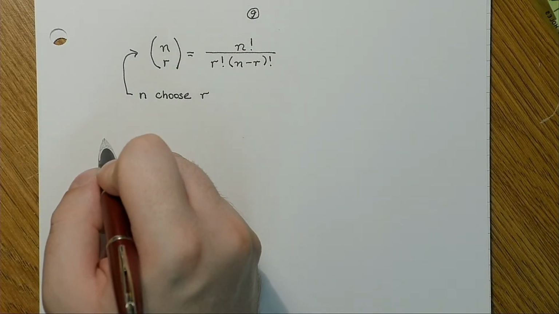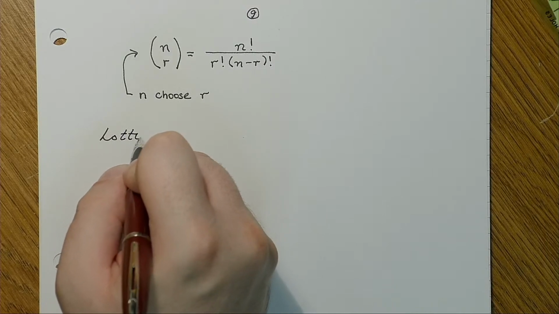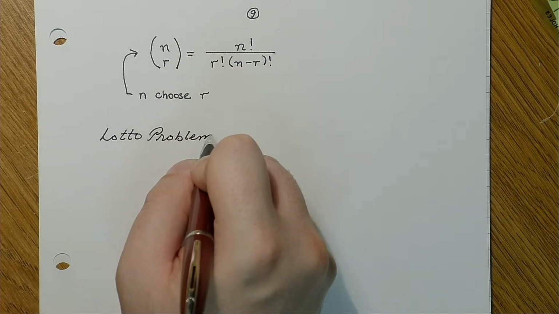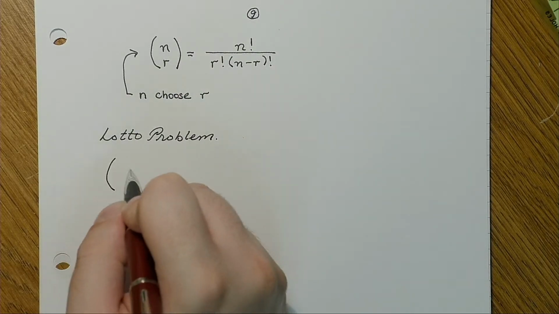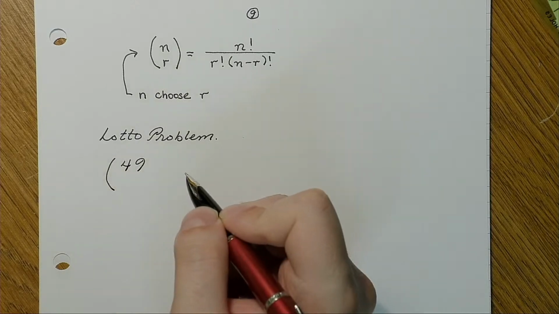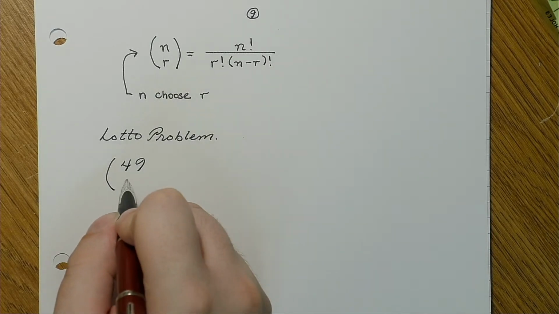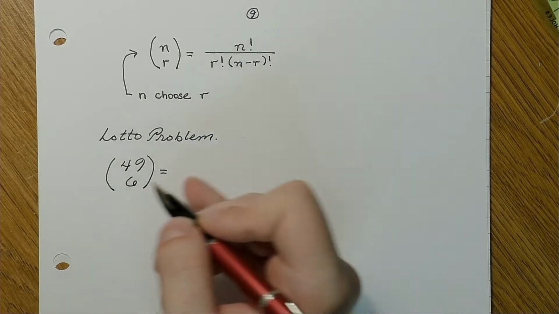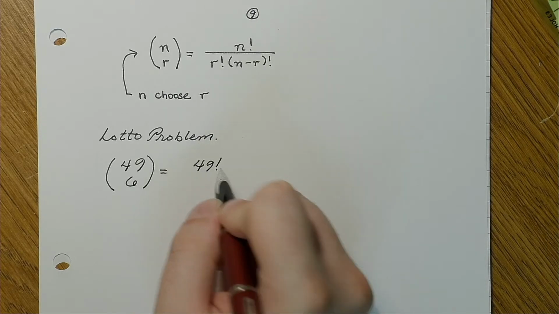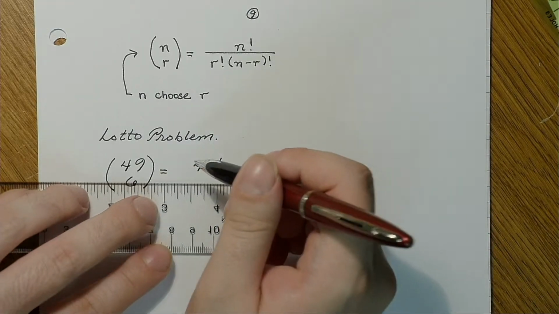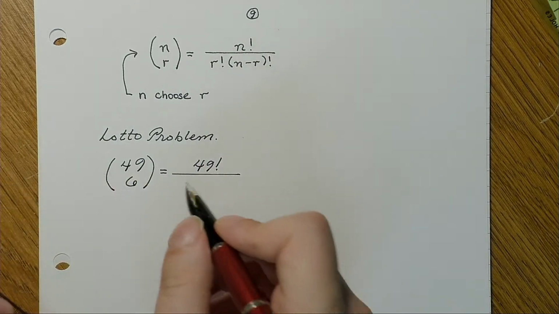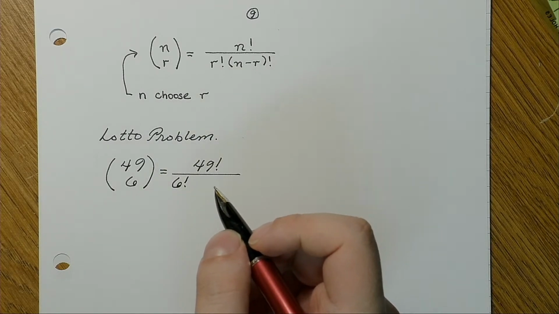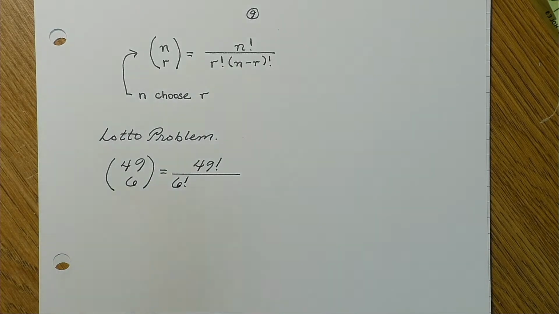So going back to our lottery problem, which was the whole point, we had 49 numbers. We're going to choose 6 of them. Using our formula that we have come up with, it's 49 factorial over 6 factorial, and then it's 49 minus 6, which is 43 factorial.